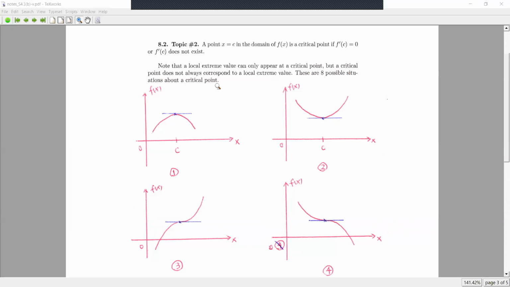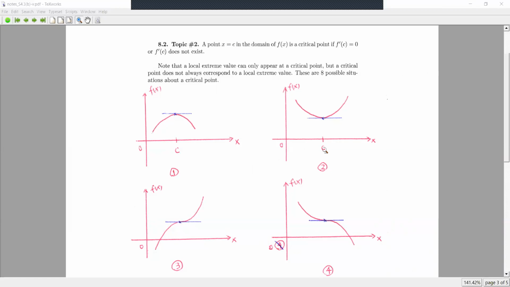About critical points, there are 8 cases. Case 1: C is a critical point because the derivative at C is 0. The tangent line at C is horizontal. In this case, the function has a local maximum.